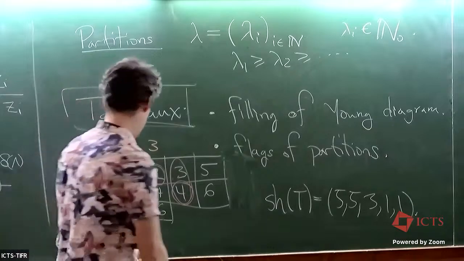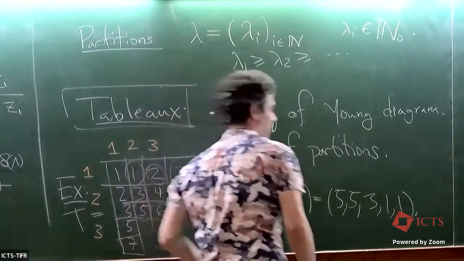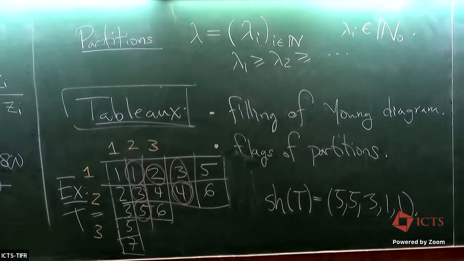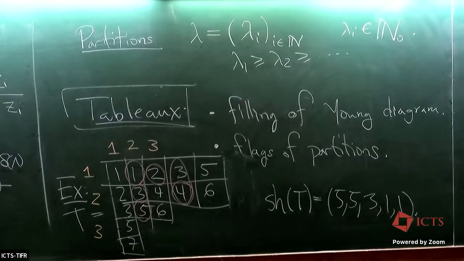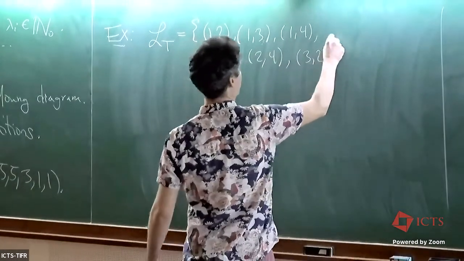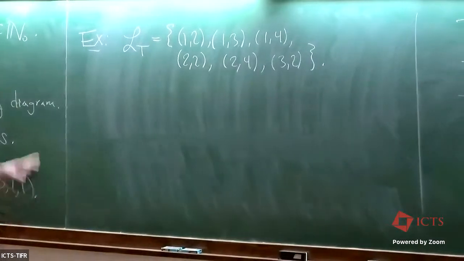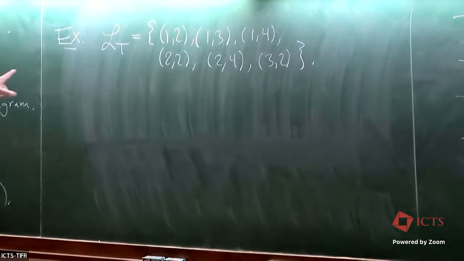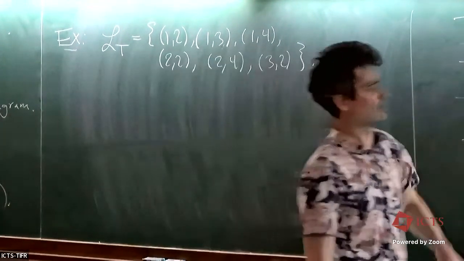I guess I only used red, but there we are. What were those? 1, 2, 1, 3, 1, 4, and 3 others: 2, 2, 2, 4, and 3, 2. Those are the ij's where the leg set is non-empty.